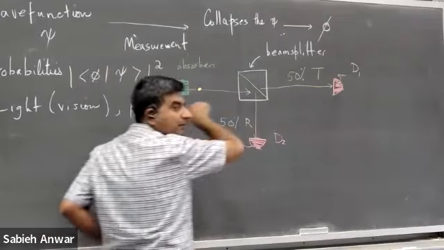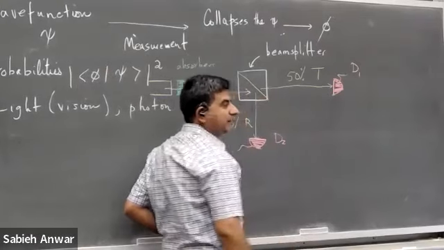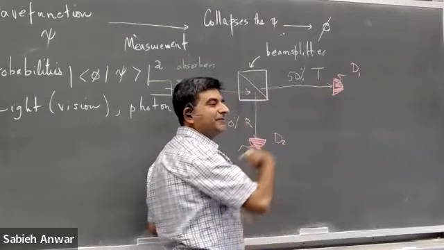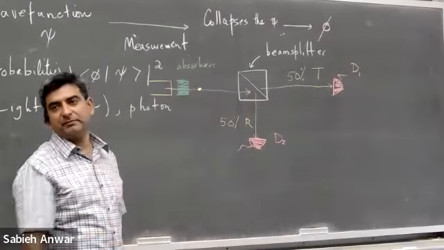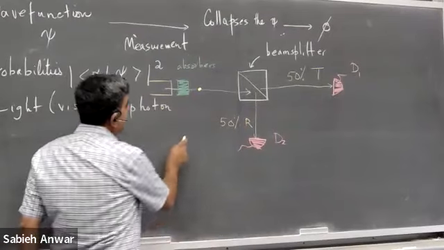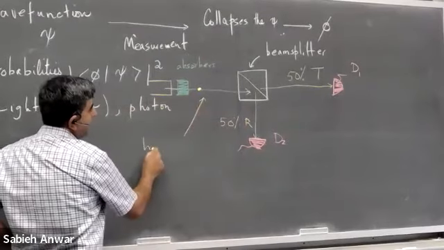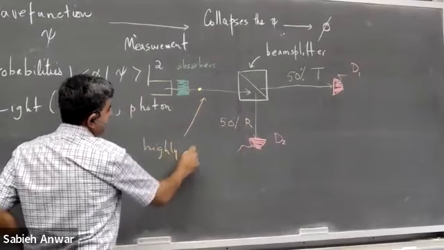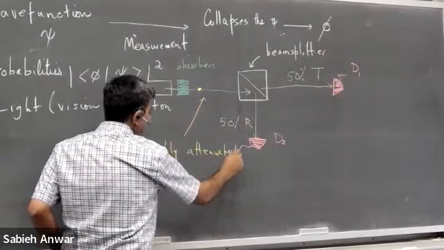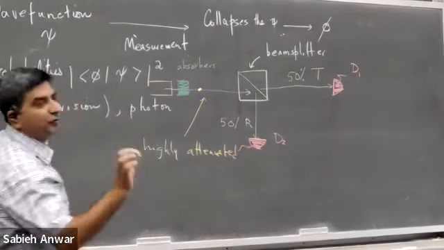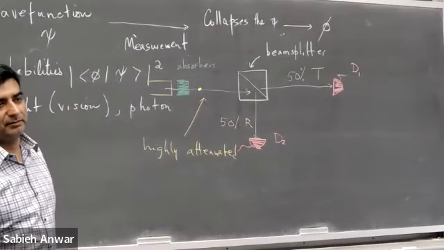So one photon comes in, passes through the beam splitter, and then you have to wait for the next photon to reach the beam splitter. So it's a highly attenuated beam. So at one time, there is only one photon inside the beam splitter.